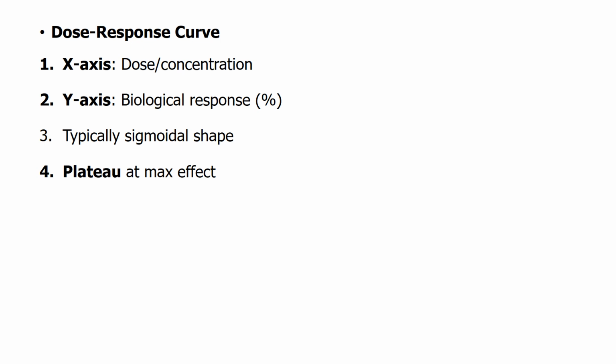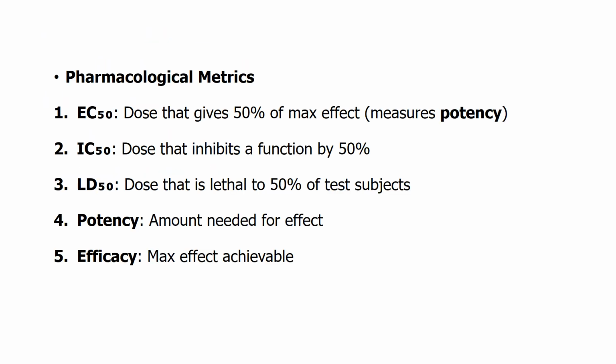Then we have the typical sigmoidal shape, then the plateau at the maximum effect. We also learned about the pharmacological metrics such as EC50, IC50, LD50, potency, and efficacy. Potency, remember, is the amount needed for effects. Efficacy is the maximum effect achievable.